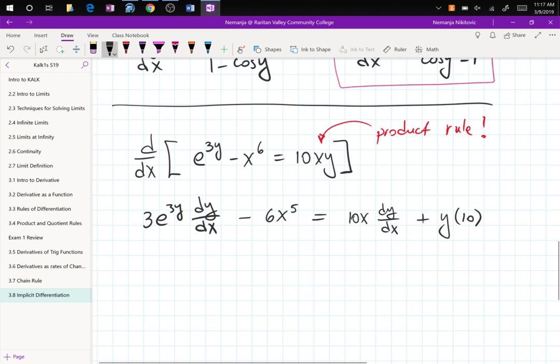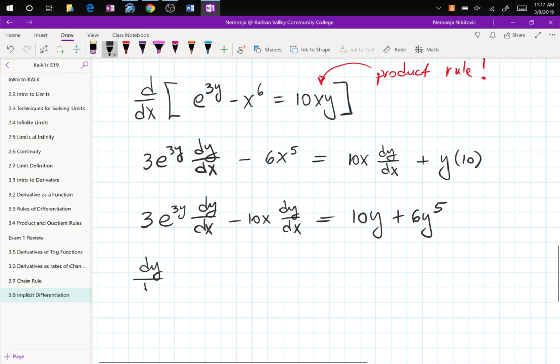Now the same rules. Everything with dy/dx goes on the left, everything without dy/dx goes on the right. So 3e to the 3y dy/dx minus 10x dy/dx is equal to 10y plus 6x to the 5. So all of the terms with dy/dx go left, and all of the terms without dy/dx go to the right.